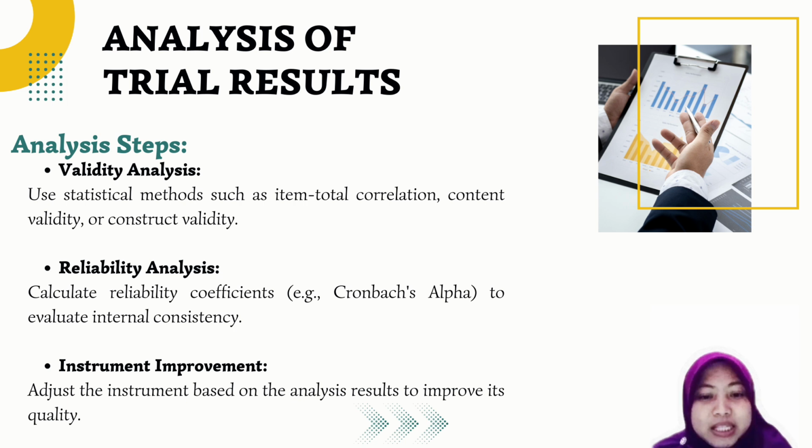These improvements can be in the form of deleting irrelevant items, simplifying the language, or adding new items to measure aspects that may have been missed. The goal is to ensure that the instruments we create are truly high quality and capable of providing accurate and reliable measurement results.